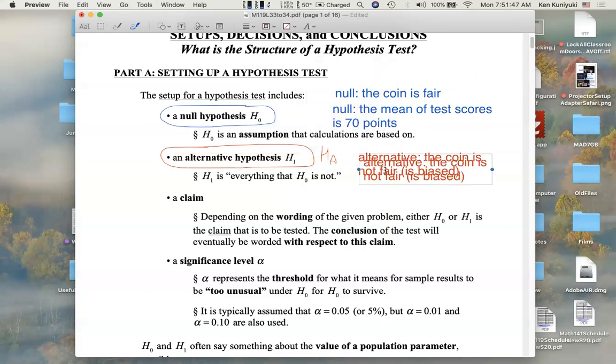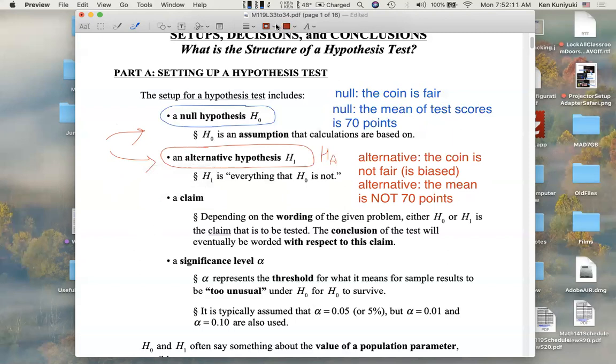Or for the second one, the alternative could say that the mean of test scores is NOT 70 points.